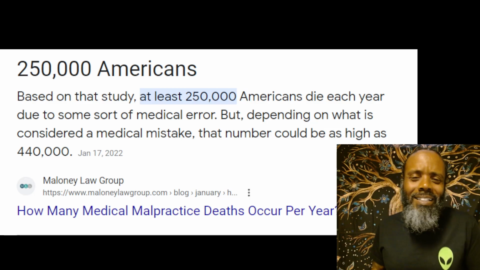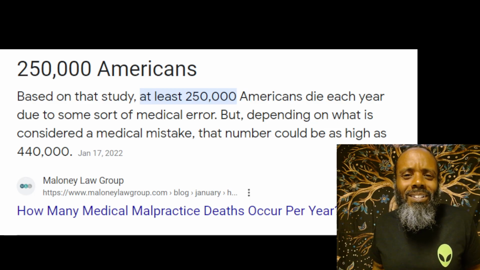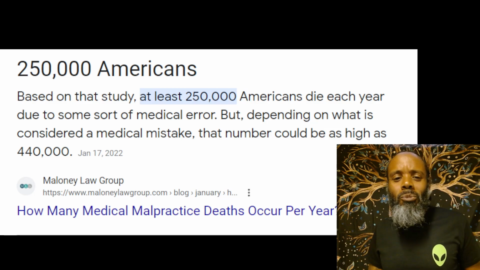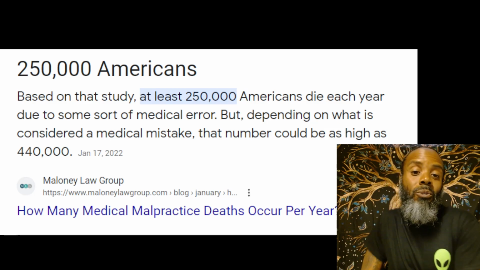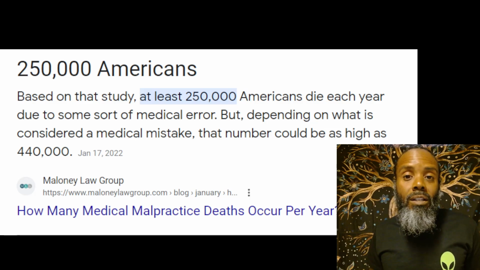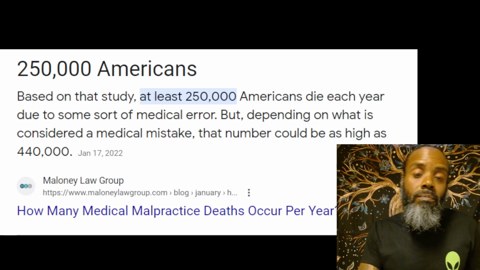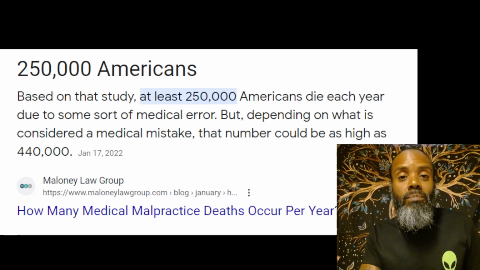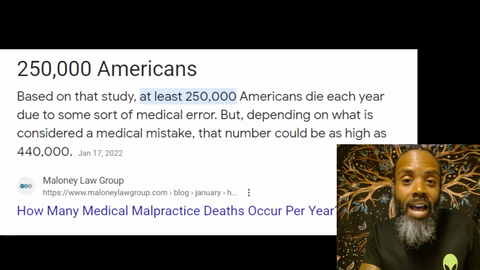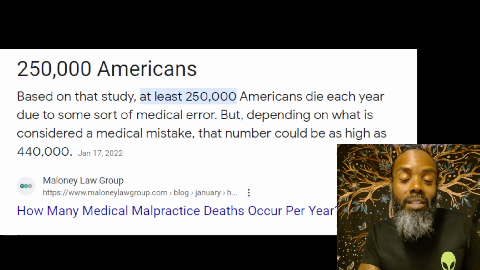What's the difficulty in understanding what a medical mistake is? We're gonna get into it a little bit more, but I'm gonna go with 440,000. Third leading cause of death in America is doctors. It's the medical industry. It's the hospitals.